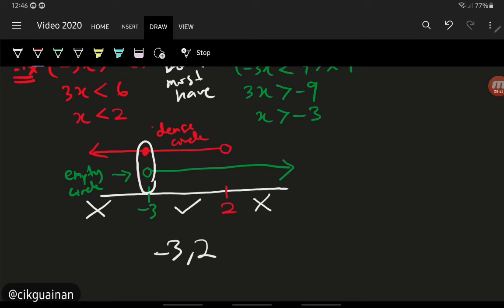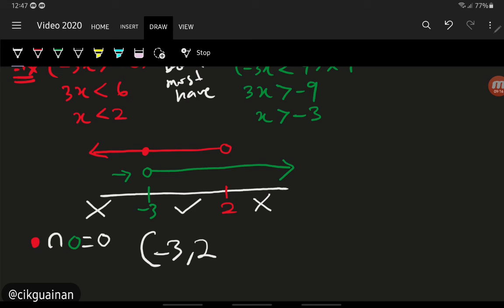So a dense circle of red intersect with an empty circle of the green one equals an empty circle. So it means minus 3 is not included. Settle. Okay, I erase everything.